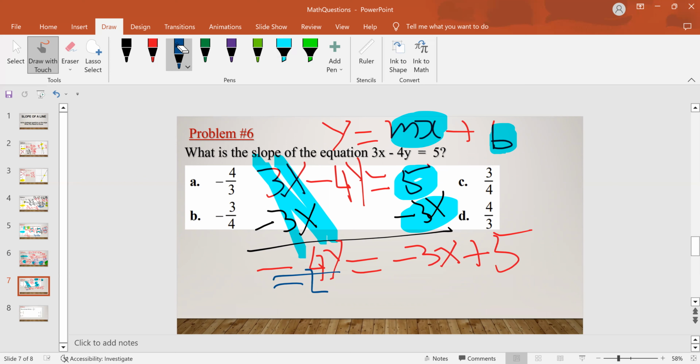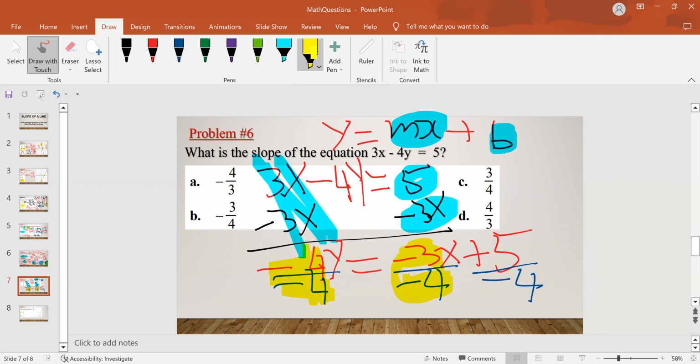So the negative 4 and the negative 4 on the bottom cancel out. We're going to have y alone equal to negative 3 over negative 4 x plus 5 over negative 4. What we need is just this part because we are looking for the slope. What is the number in front of the x? It is negative 3 over negative 4.